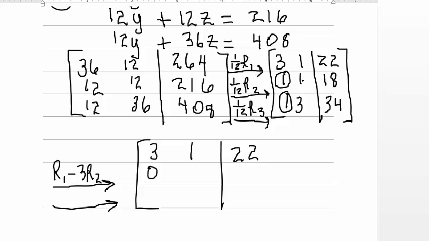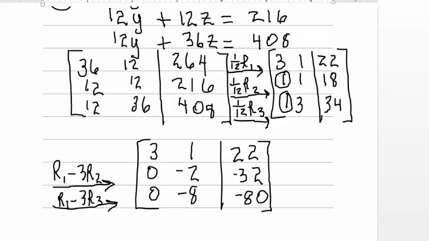And doing that, -3 times 1 plus 3 is 0. -3 times 1 plus 1 is -2. -3 times 18 plus 22 is -32. That gives us our row 2. And now our new row 3 is -3 times row 1 plus row 3. And that gives us 0, -8, and -80.